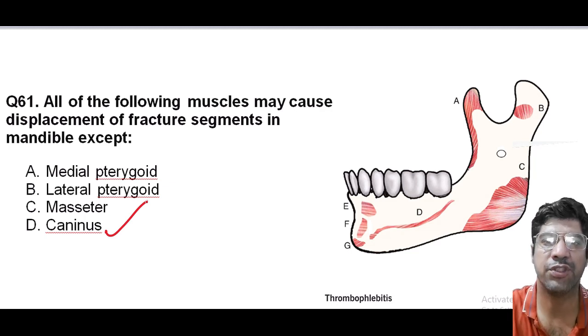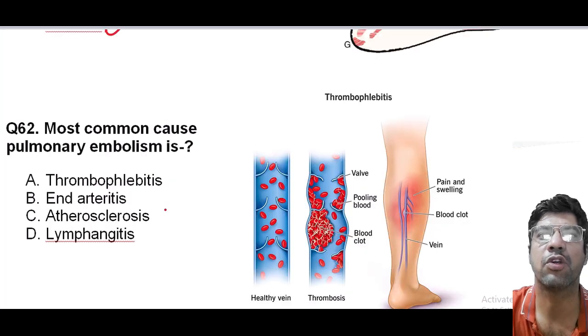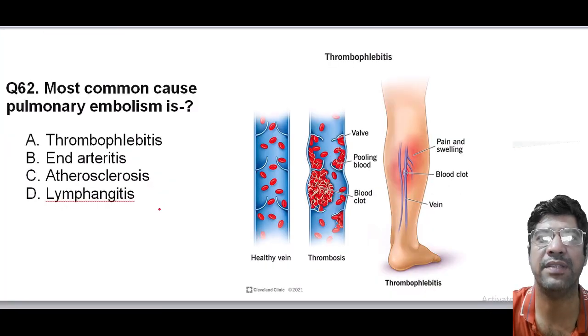Moving to the next question, most common cause of pulmonary embolism. The most common cause of pulmonary embolism is thrombophlebitis.